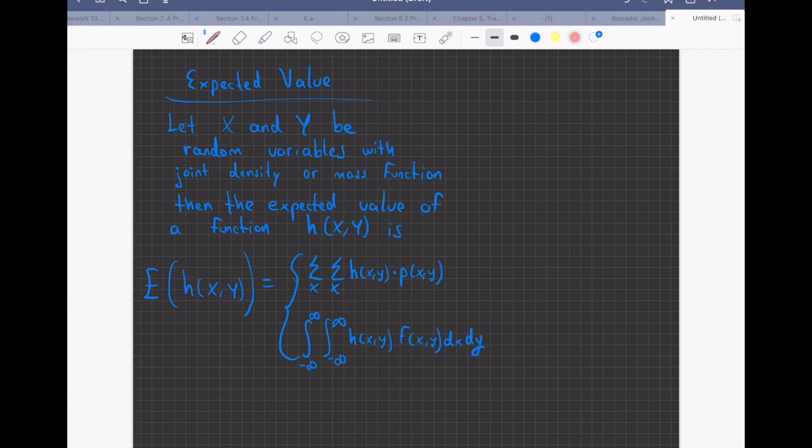And of course, this is the discrete case. And this is the continuous case.